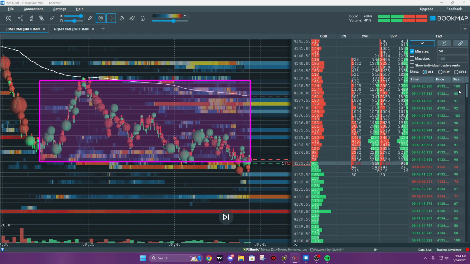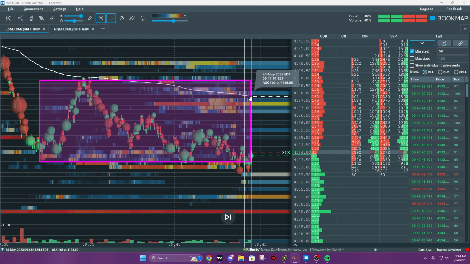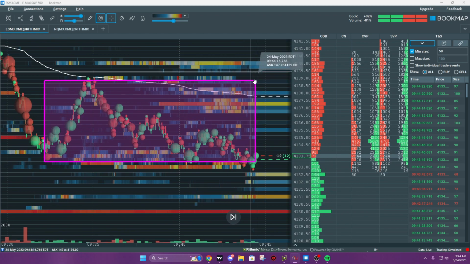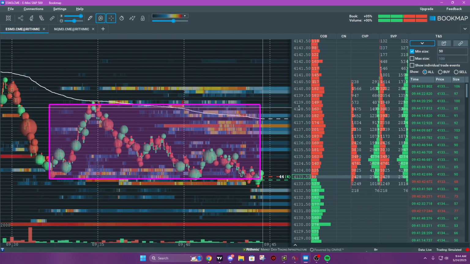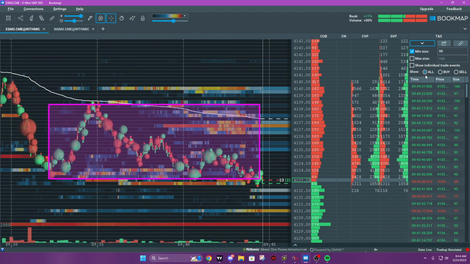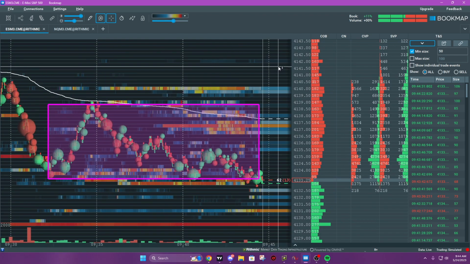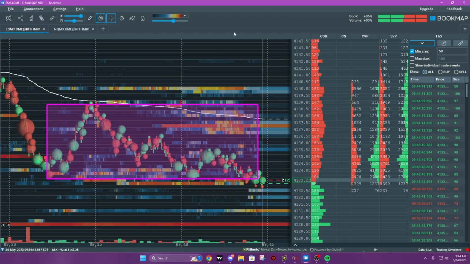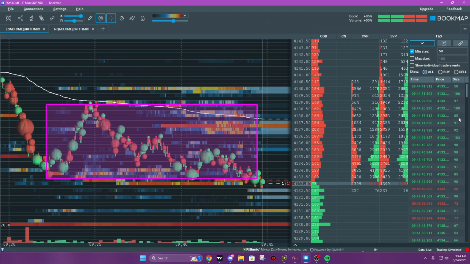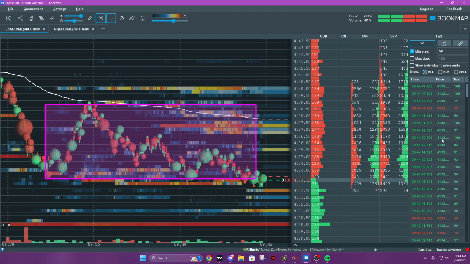You can see there's really only decent sized buying going on, which we can also see from that positive delta. Yeah, it's been definitely a lot more buying here.